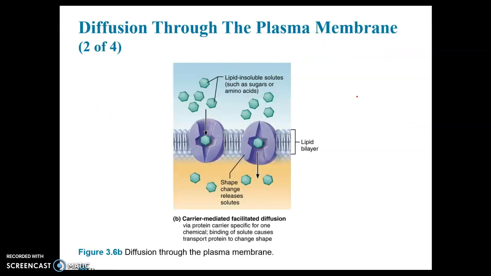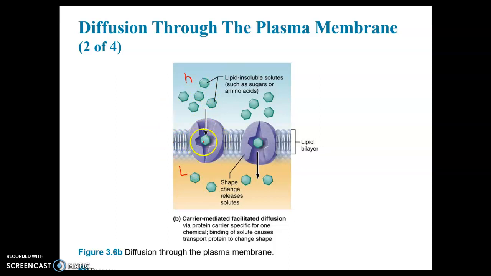This image is showing you a carrier that's transporting glucose. Glucose is shaped like a hexagon, so we know this is glucose. The glucose concentration is high in the extracellular fluid, and it is low in the cytosol or cytoplasm inside the cell. So we're still seeing movement from high to low concentration, but this time by binding.